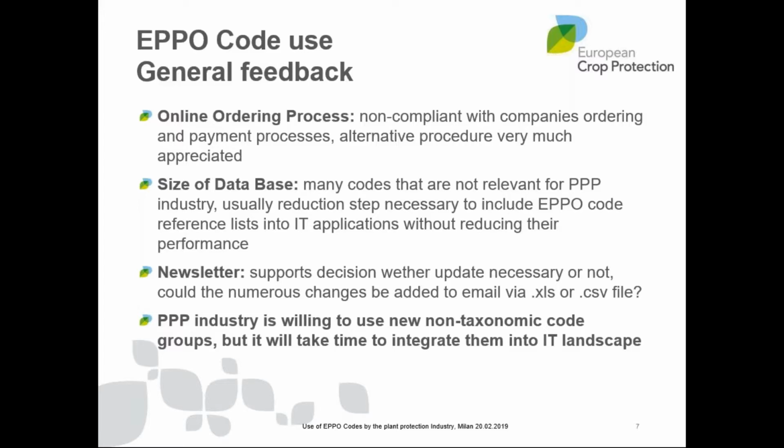So we have some compliance problems when we want to order codes. And I now learned that there are also other ways offered to buy EPPO codes, and probably we have to inform ourselves a little bit about that, and then maybe it becomes easier to request a code.